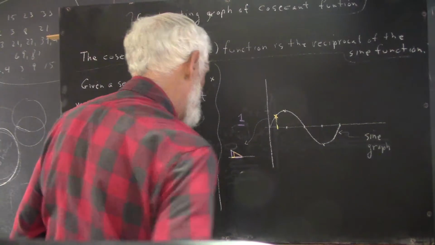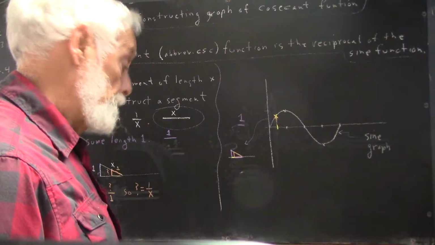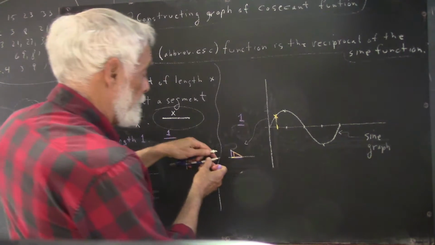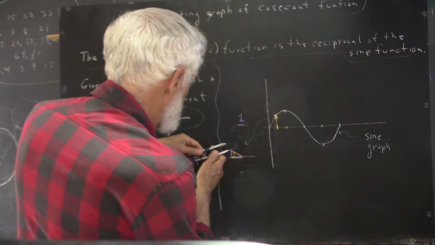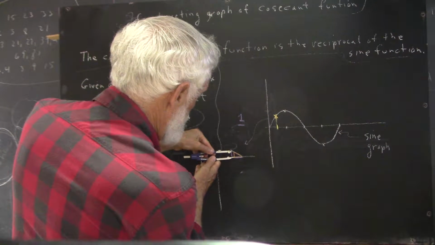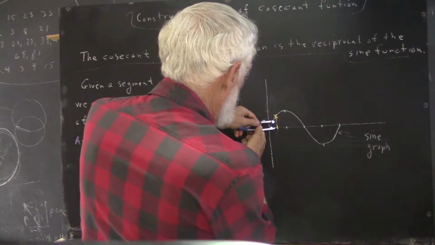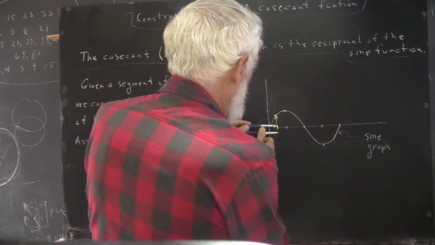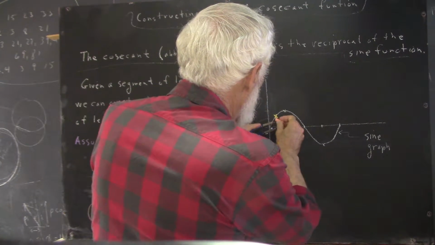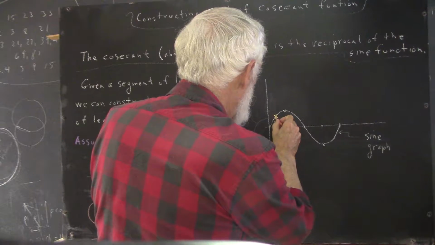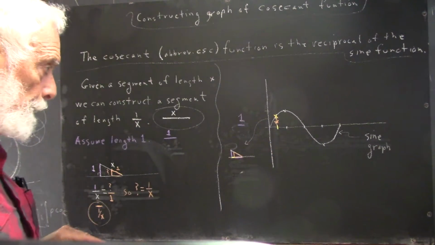Having a little bit of trouble making that look purple, but there it is. And now this leg is going to be our reciprocal. So I measure the length of this leg. I don't actually measure it. I find it with the compass and I put it here. And maybe I'd better reverse the compass. Some of the mechanism's getting in my way. And I find this value. Okay?